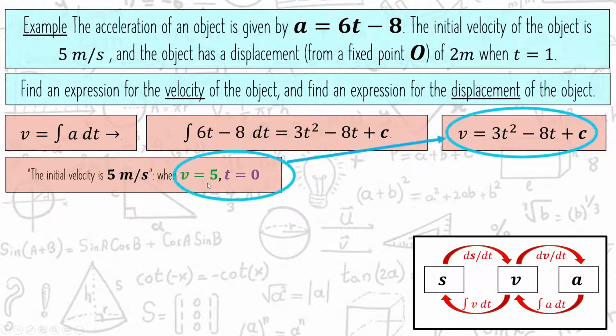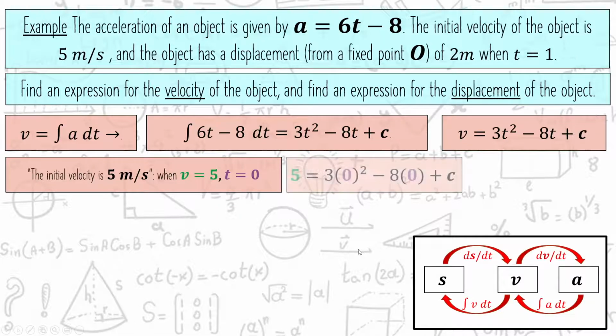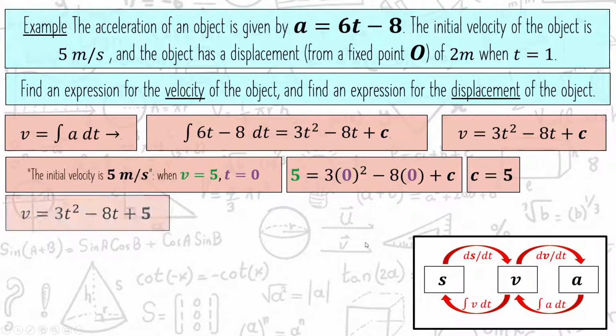I can substitute this information into my equation. I can replace v and t so that the c is the only variable left. Notice that these terms are just going to cancel, and I'm going to have 5 equals c. And therefore, I can write my velocity as 3t squared take away 8t plus 5.